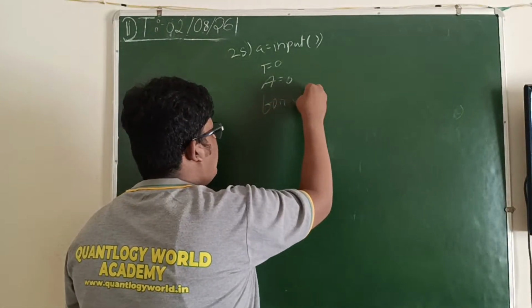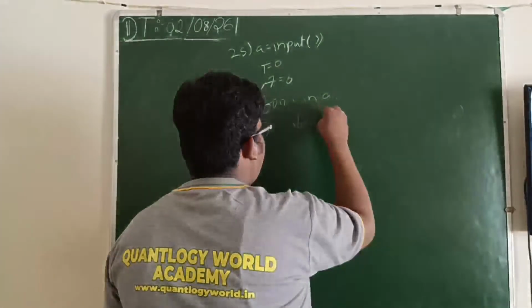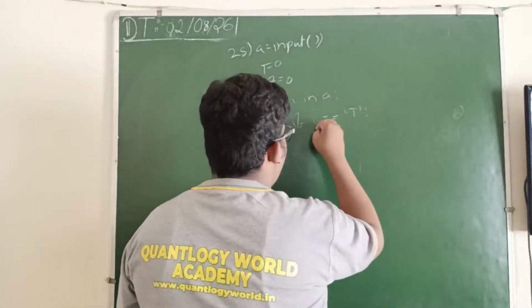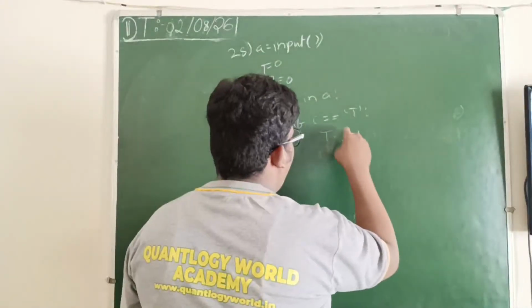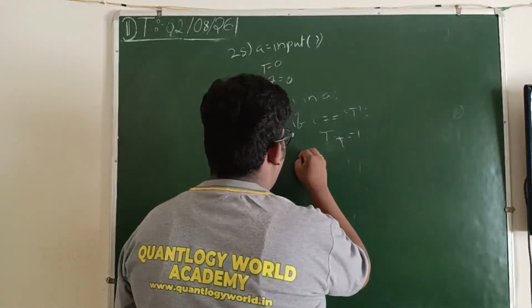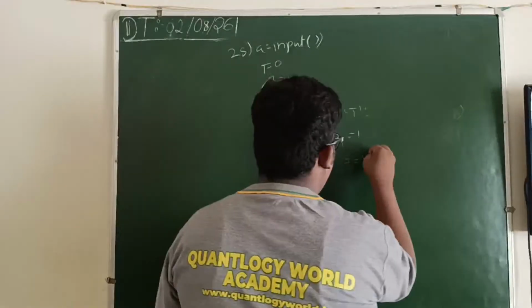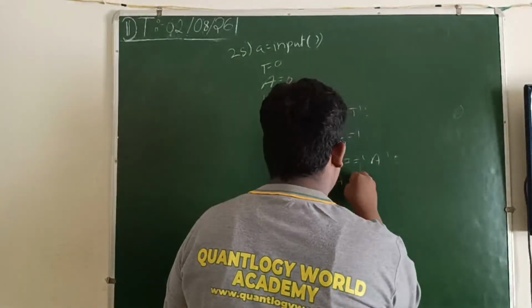For i in a, if i double equal to quotation t, then t plus equal to 1. Elif i double equal to capital A, then A plus equal to 1.